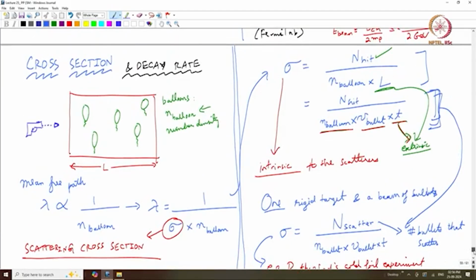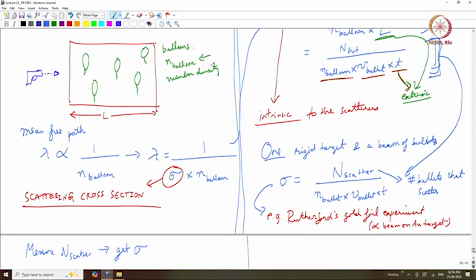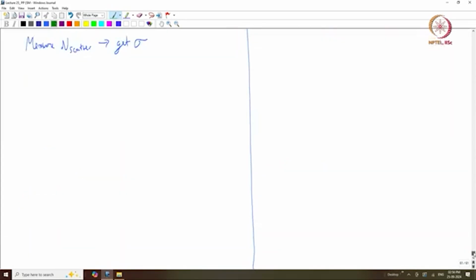Now this combination, right, of the number density of the bullet times the velocity of the bullet, right? So what is that combination basically? That's nothing but the flux. Right? That's what we call the flux basically.